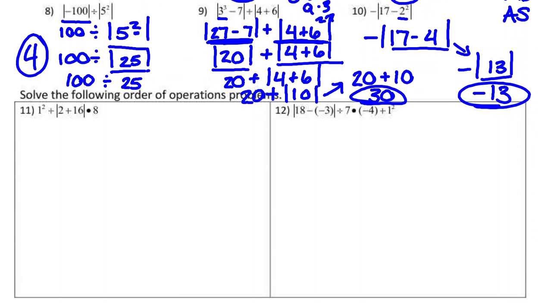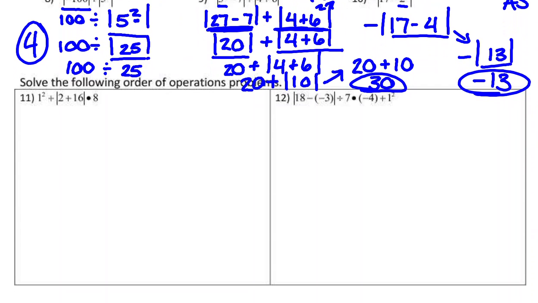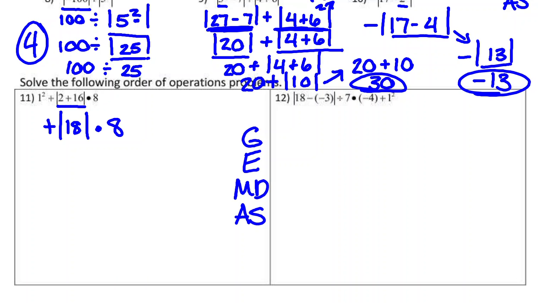Okay, let's look at the bottom two. Groupings, exponents, multiply, divide, add, subtract. I have a grouping of this absolute value right here. 2 plus 16 is 18 in absolute value times 8 plus 1 to the first, or 1 to the second, I'm sorry. Absolute value of 18 is 18.